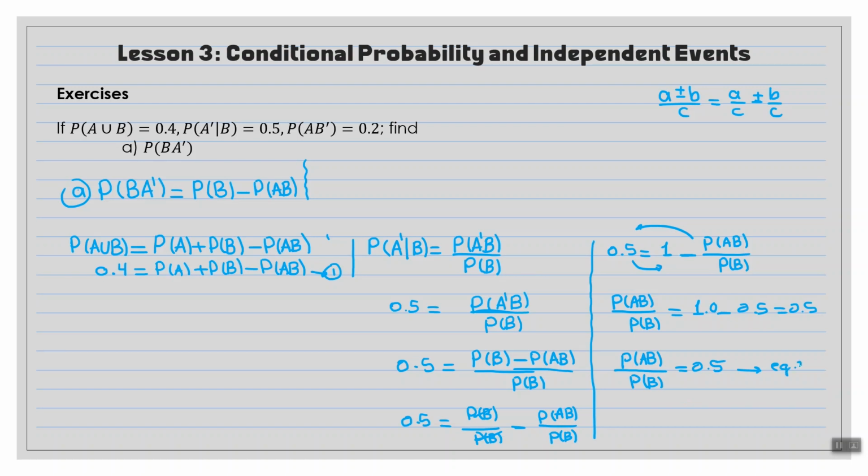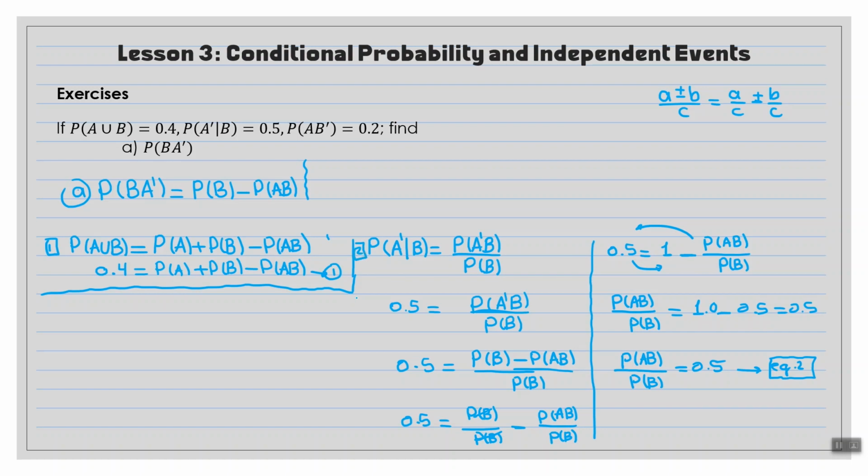Now, again, we said that we need 3 equations because I have 3 unknowns. The third equation can be found from here. So maybe this is a little bit messy, but I hope that you're following with me. So this is the first equation right here. This is the second equation right here.